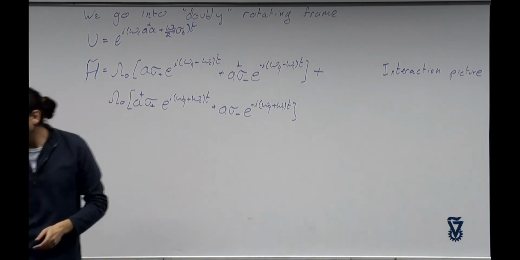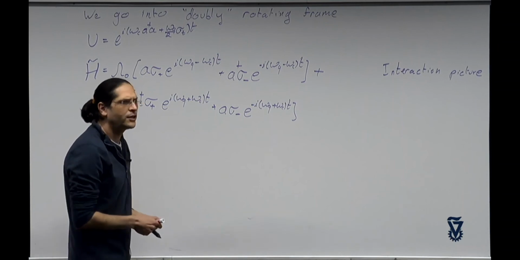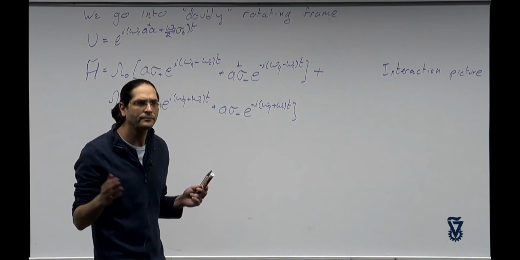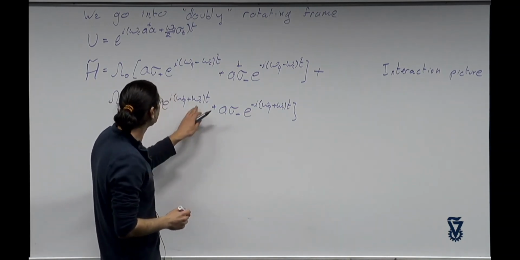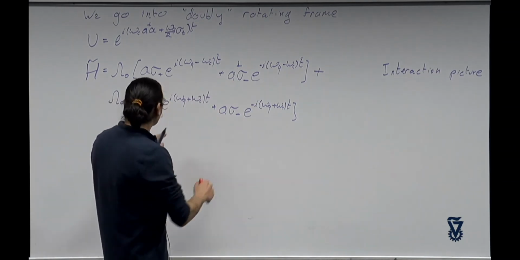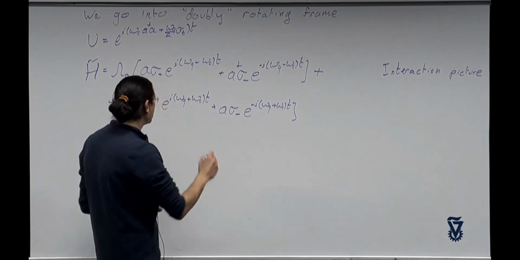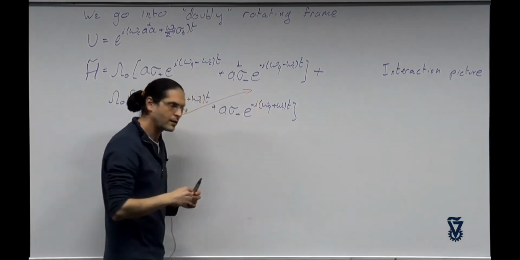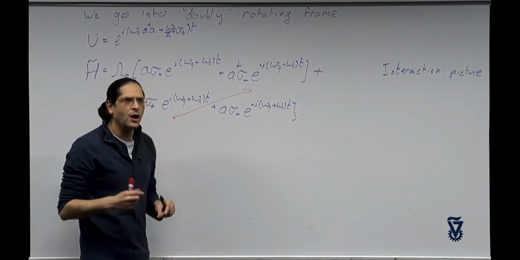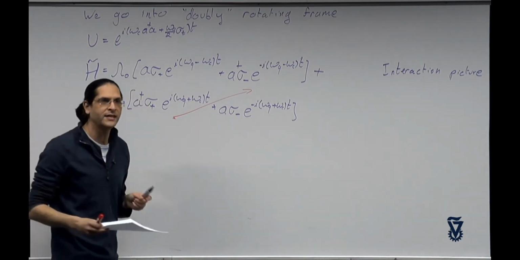Now at this point, most books will tell you, okay, omega q is going to be relatively close to omega c. So this is much bigger than this. And hocus pocus, this is fast rotating, so it averages out, and thus we can neglect this. That is the usual explanation. It is not wrong. It is actually true. But I find it kind of unsatisfying.